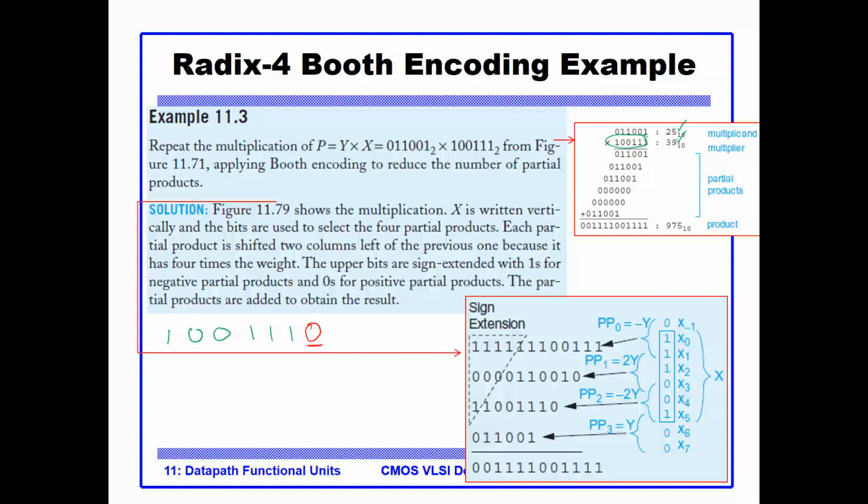Then take 3 bits, 1 2 3. One important thing: if the last group stops at a 1, I add 2 extra zeros. That's by the algorithm.